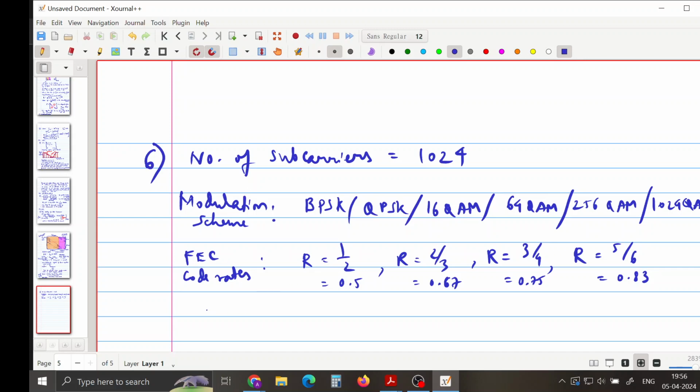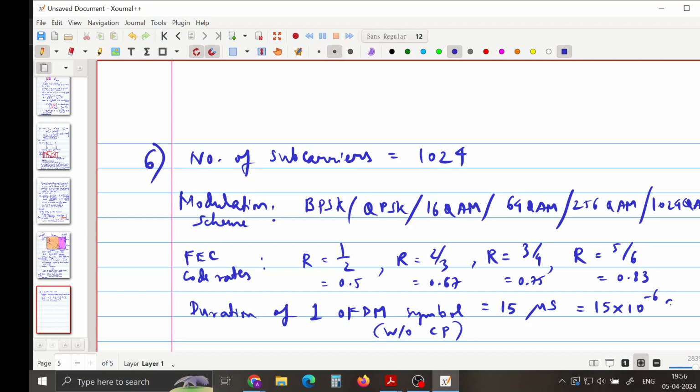Okay. Duration of one OFDM symbol, and it is mentioned, without cyclic prefix, is equal to 15 microseconds, which is nothing but 15 times 10 to the power minus 6 seconds.